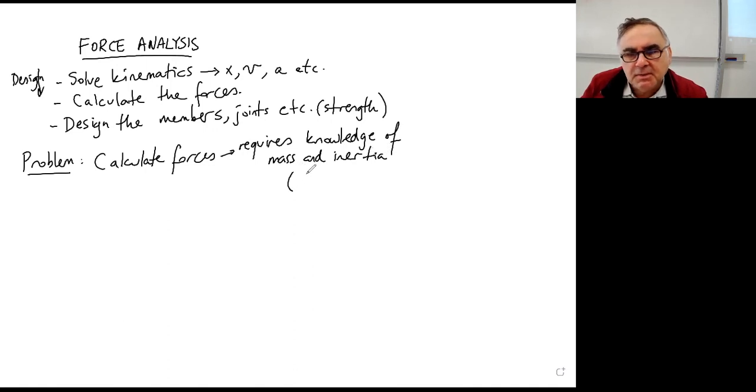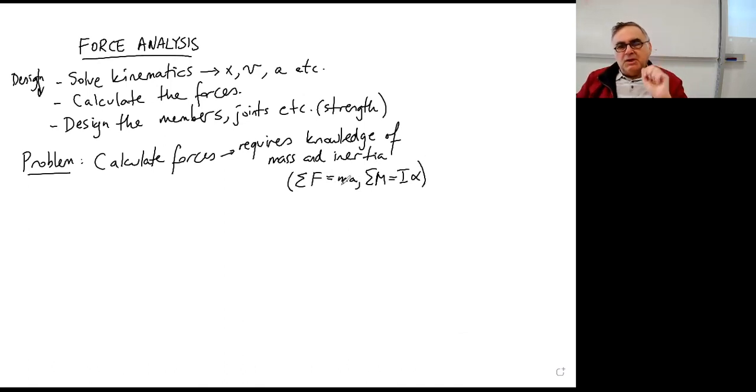Because summation of forces is equal to ma, and also summation of moments is equal to I alpha, as you know. Since we calculate the forces in the second step, in that step we don't know the masses or the inertias, right? Because we haven't designed the members yet. They are just very abstract objects.